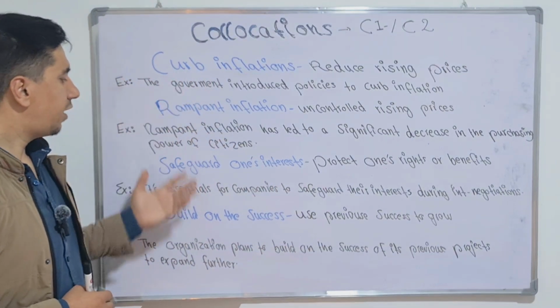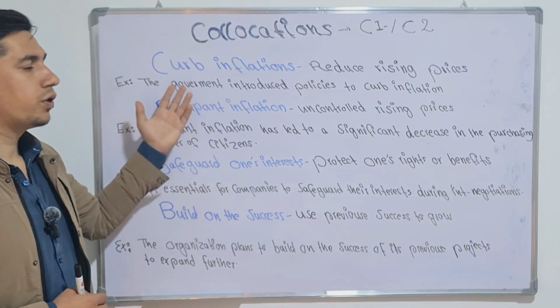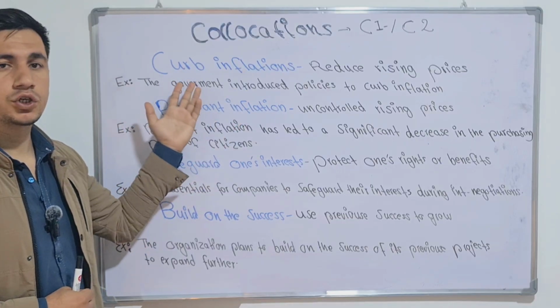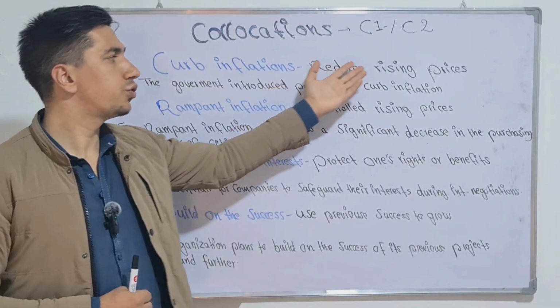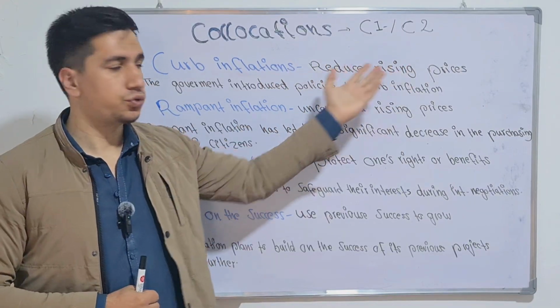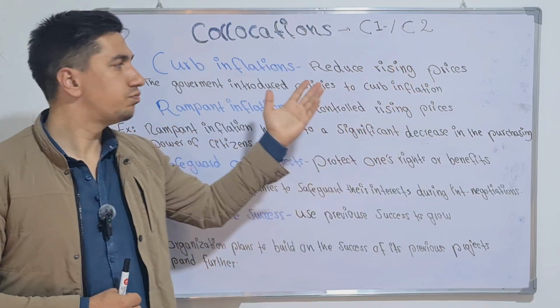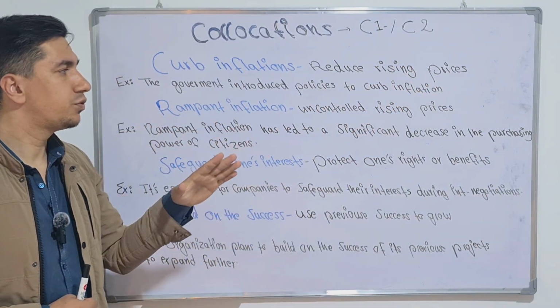So we have about four collocations. They're all very important. First one, we have the collocation curb inflation. Curb inflation means reduce rising prices. It doesn't allow the prices to be raised, right?